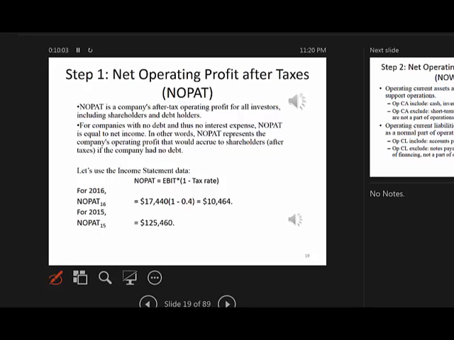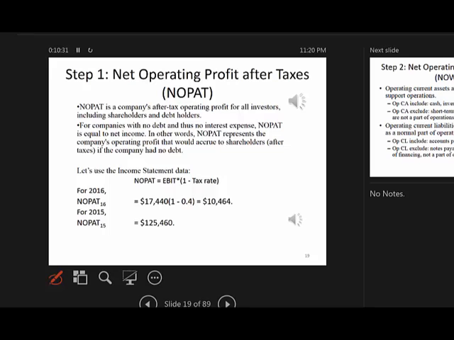The NOPAT is a company's after-tax operating profit for all investors, including shareholders and debt holders. For companies with no debt and therefore no interest expense, the NOPAT is equal to net income. In other words, NOPAT represents the company's operating profit that would accrue to shareholders after taxes if the company had no debts.